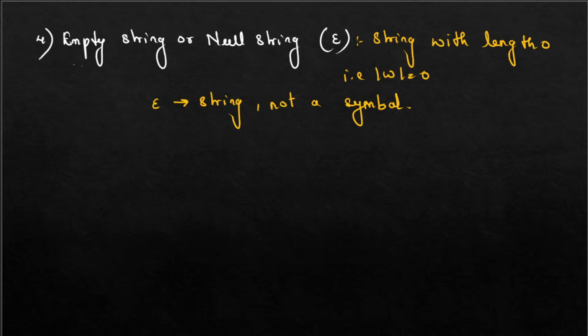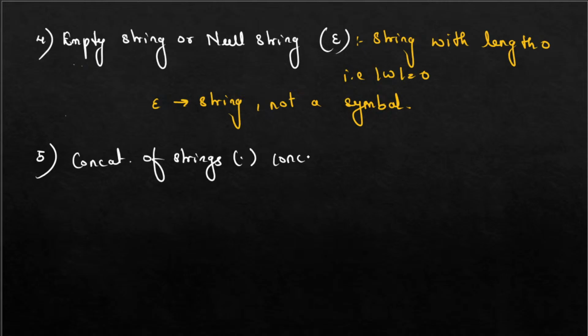This you should understand. Now the fifth one is concatenation of strings, which is concatenation of two strings will always be a string.